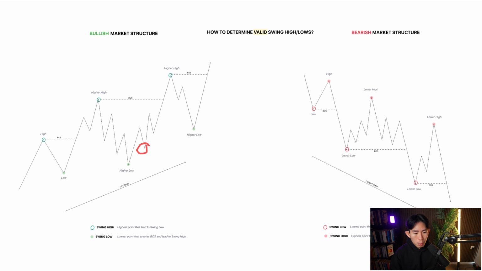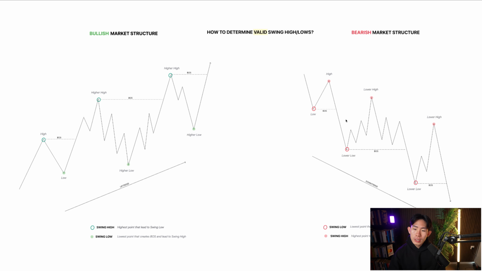Okay, so it's not going to be this low, it's not going to be this low, because this low is higher than this low. And this low is higher than this low. So in this case, by definition, this right here would be the lowest low, and that's the swing low. As simple as that. So once again, it's very important for you guys to have this sort of mechanical rules in your trading system, so that there's no room for guesswork or emotions whatsoever.